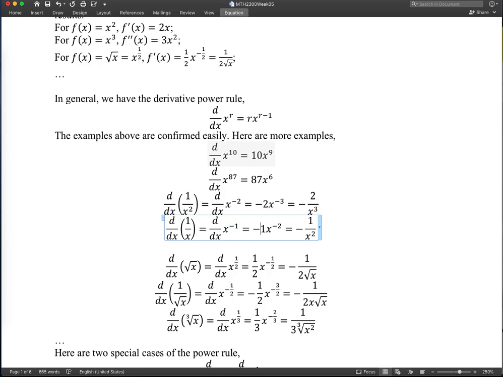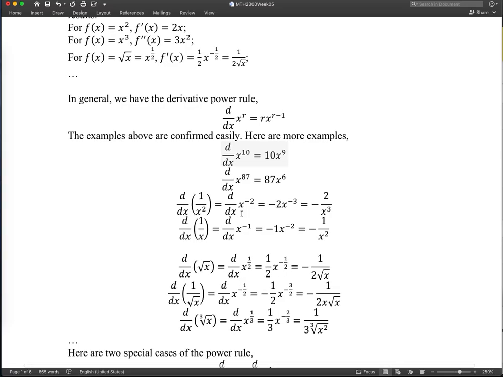And then bring down this power, and decrease negative 1 by 1. And also, as I just said a moment ago, if you can convert this negative power back to a positive power, the answer is negative 1 over x squared.